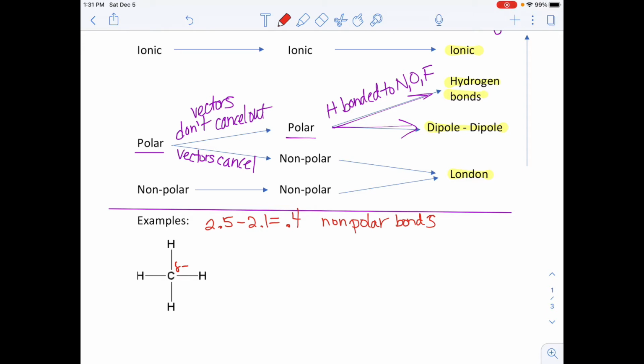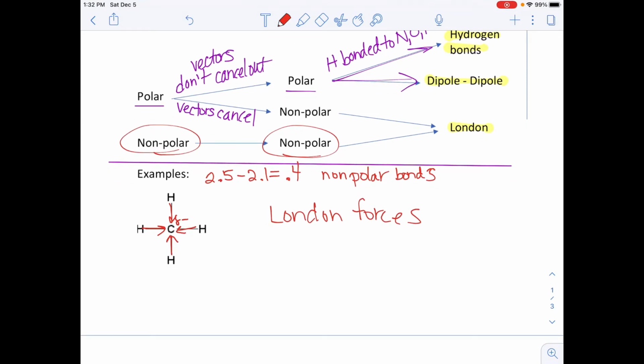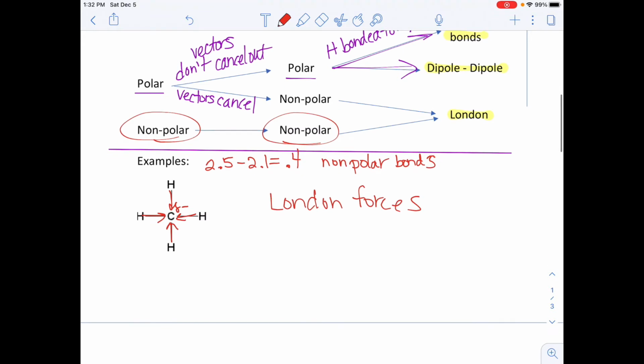And so we have something here called London dispersion forces, which is anytime you have a nonpolar molecule based on nonpolar bonds, because even though these electrons are being pulled in towards the more electronegative element, towards carbon, remember electrons are constantly in motion and they move almost at the speed of light, so they're super fast. So as they're moving, they can sometimes create temporary dipoles.